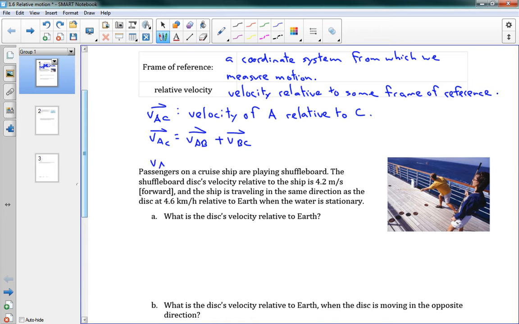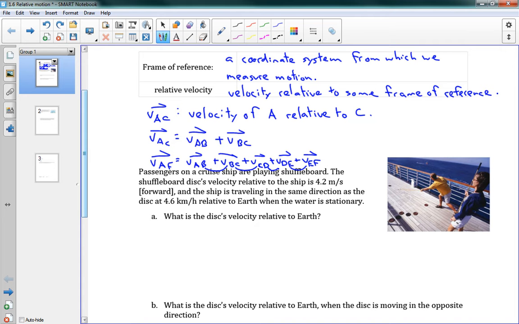We can say the velocity of A relative to F is equal to the velocity of A relative to B, plus the velocity of B relative to C, plus the velocity of C relative to D. You can see that I can just keep on combining these things, and as long as I can make this chain where I have A to B, B to C, C to D, D to, let's say D to E here now, and as long as I end up on the right letter, you can see that my chain sort of extends all the way along.